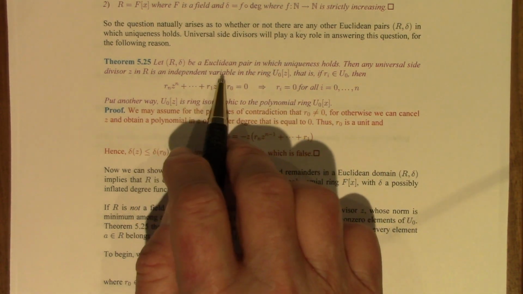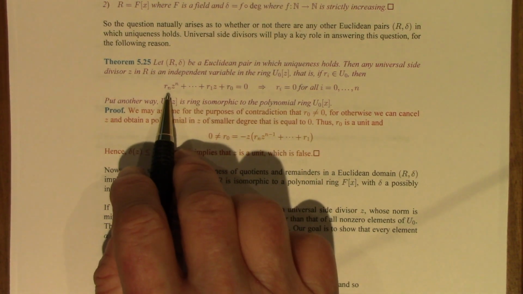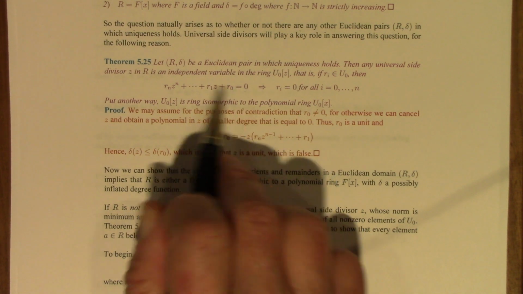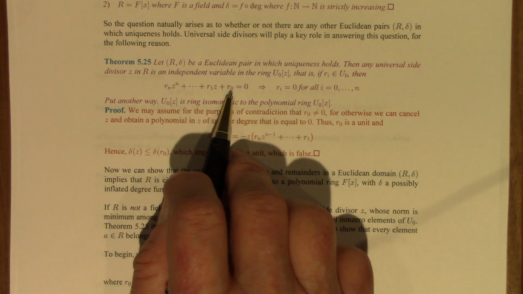And by independent variable, what we mean is if you have a polynomial in Z equal to 0, all the coefficients have to be 0.